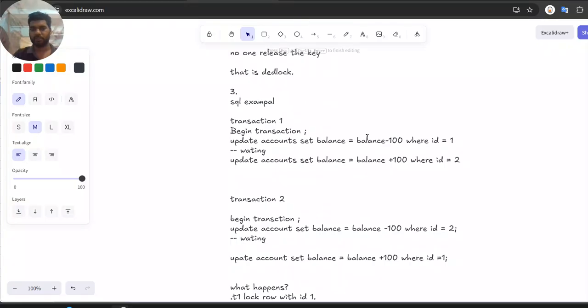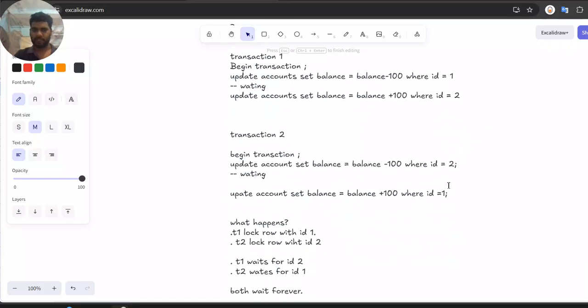SQL example. They have two transactions. In the first transaction, update account set balance equal to balance minus 100 where ID is 1, and then wait. And then update account set balance equal to balance plus 100 where ID is 2.